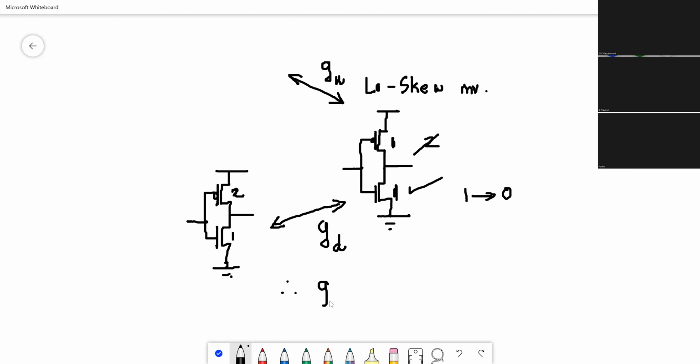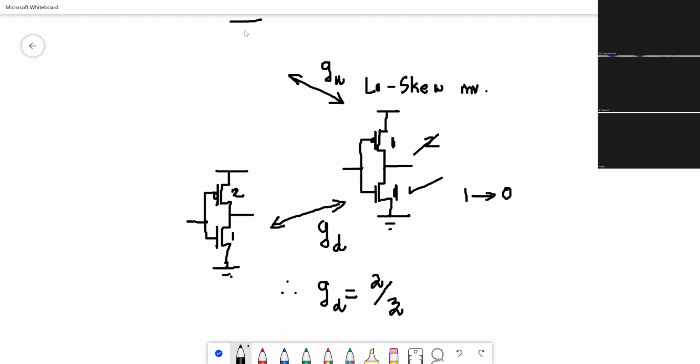Therefore, GD equals the input capacitance of my gate, which is 1 plus 1, 2, divided by the input capacitance of the equivalent inverter. For these particular skewed gates, because the transistors are not of equal strength, the transitions have to have different equivalent inverters. So in this case, the equivalent inverter is 1 and 2, and the logical effort is 2 by 3.